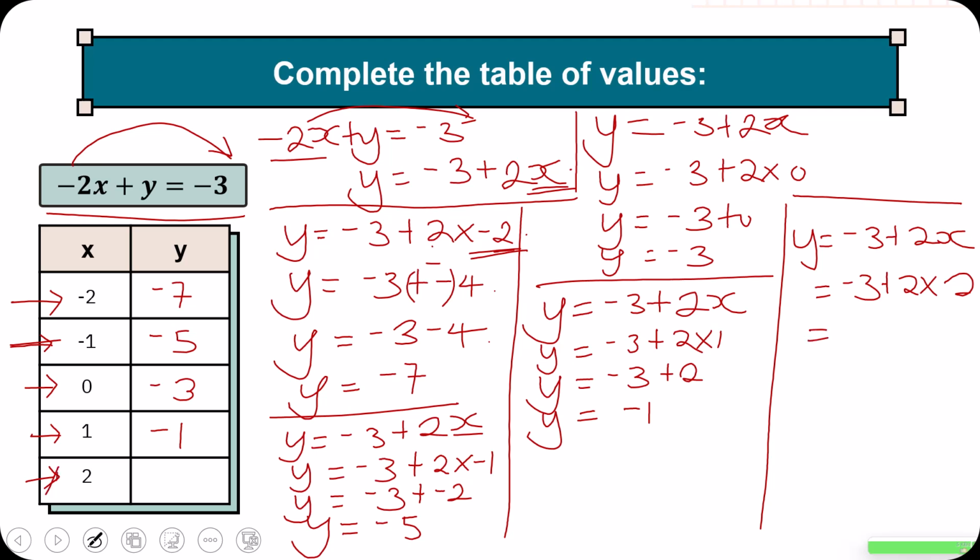Then we shall have negative 3 plus 4. Negative 3 plus 4 gives you 1. So our y value in this case is 1. So finally we have completed all the tables. We have determined all the y values for the equations from their corresponding x values.